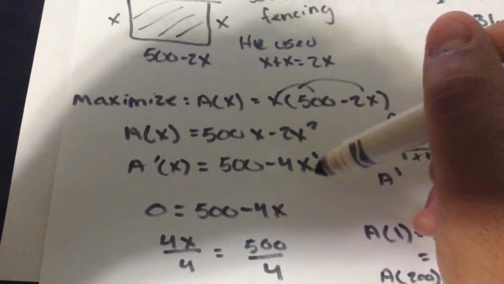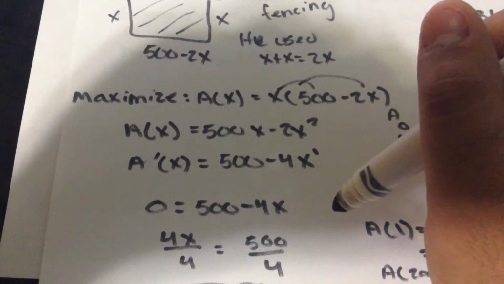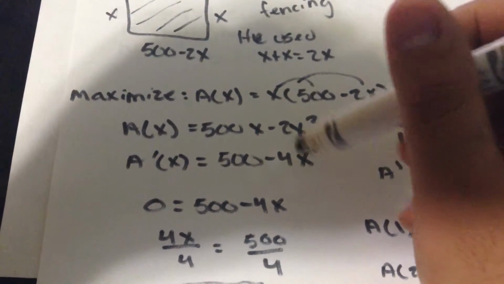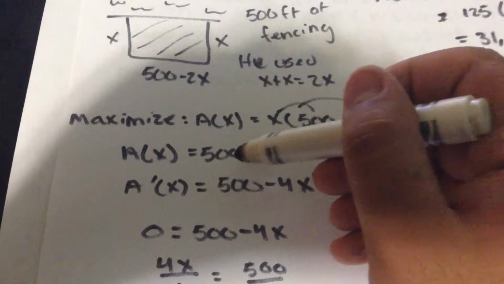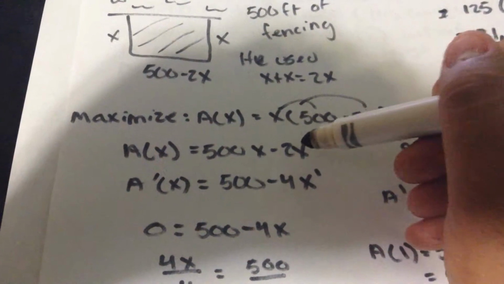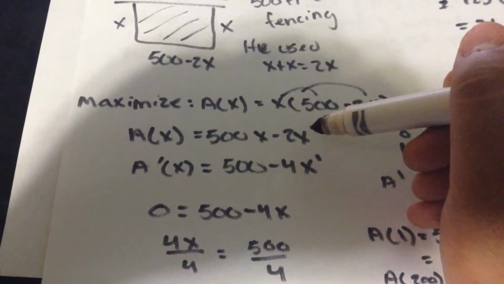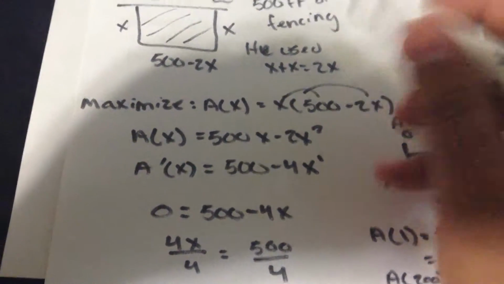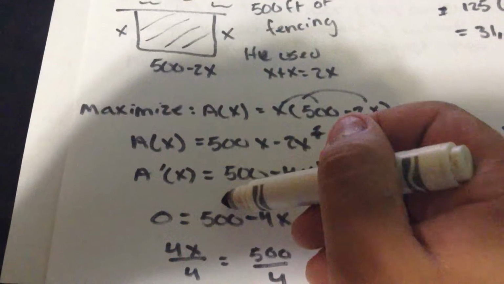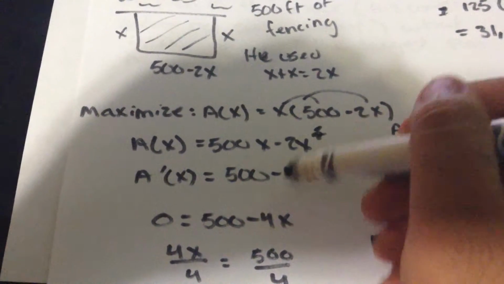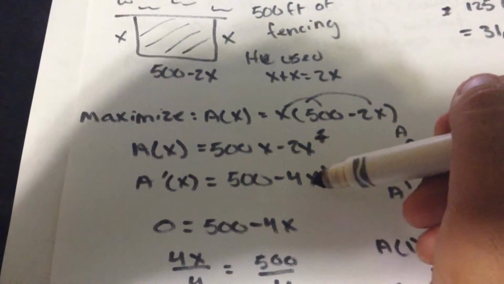So before I take the derivative, I'm going to distribute. So 500x minus 2x squared. And then the derivative will be just 500 minus 4x.